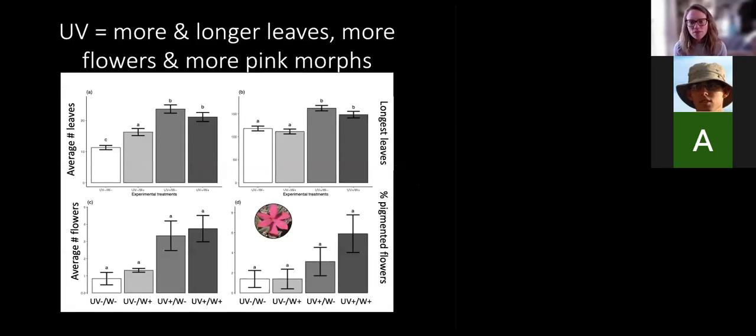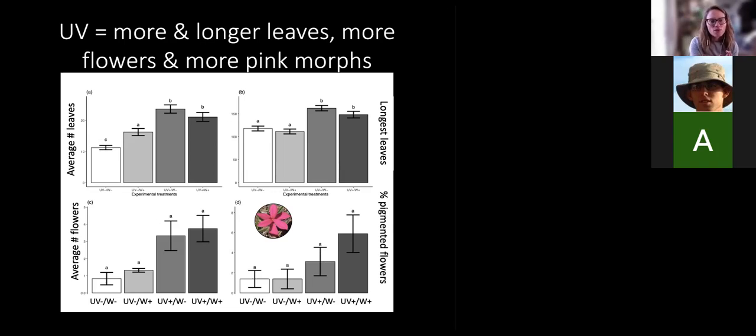And so we found that plants in the UV treatments where they were exposed to UV produced more leaves and longer leaves, as well as more flowers and more pink flowers. So this, unfortunately, it wasn't significant, the difference between the UV and the non-UV treatments for the percent pigmented flowers.